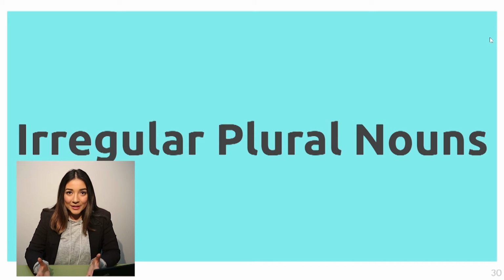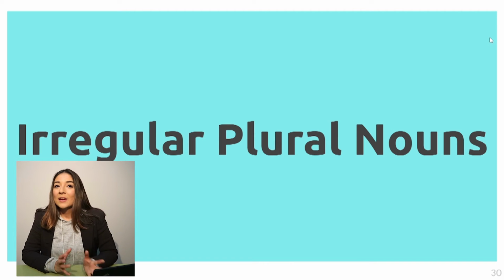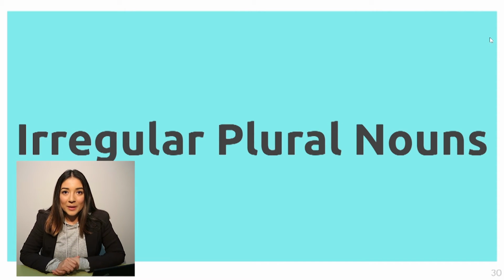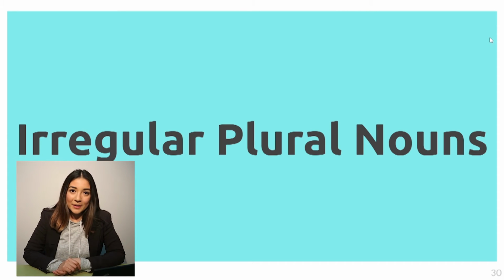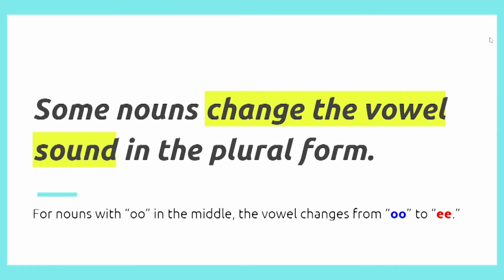However, there are certain words that we can associate certain rules with in order for us to remember how to form the plural. Such is the case with nouns that have a double O in the singular form.